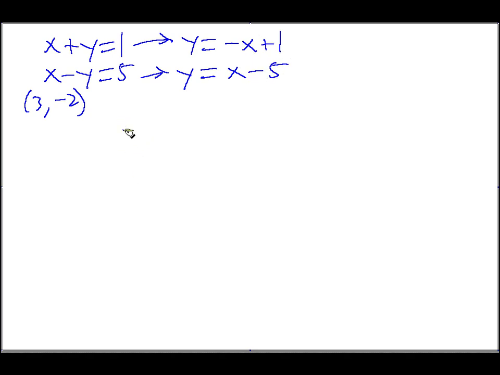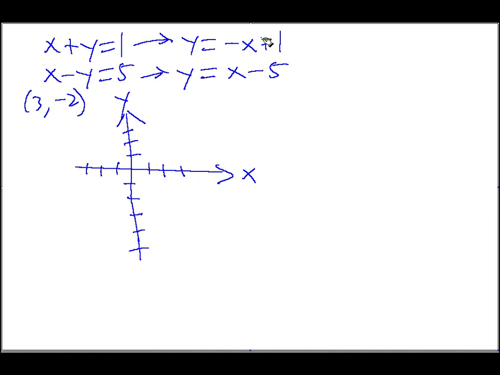So let's go ahead and make a nice straight line here. Again, you might want to use a ruler here. So here's the y-axis. Here's the x-axis here. So 1, 2, 3, 1, 2, 3, 1, 2, 3, 1, 2, 3, 4, and 5 here.